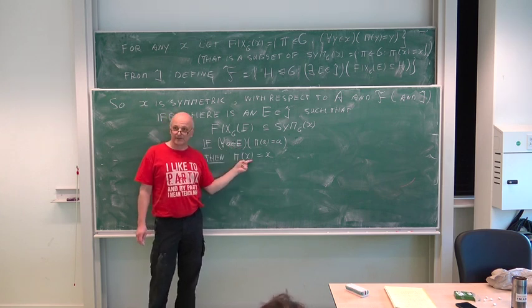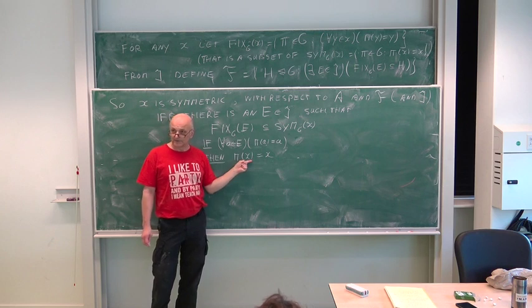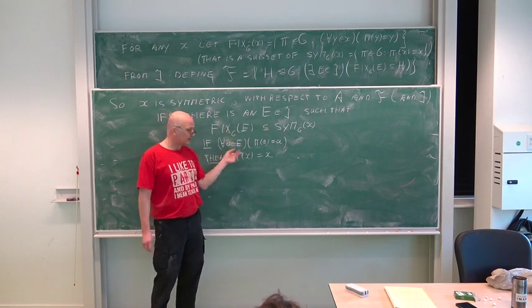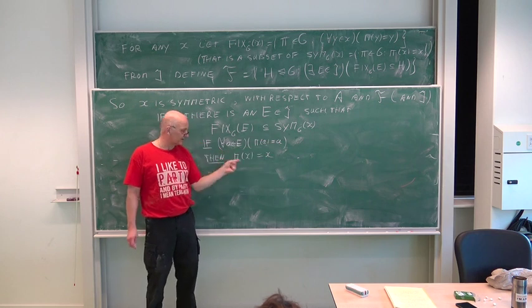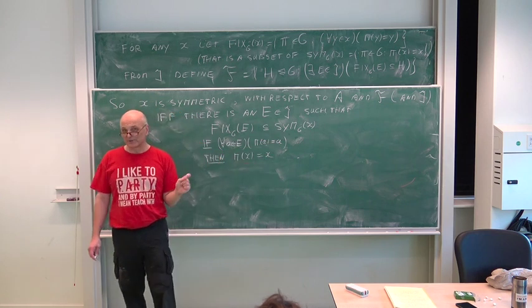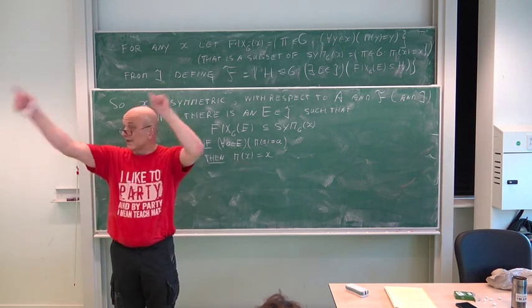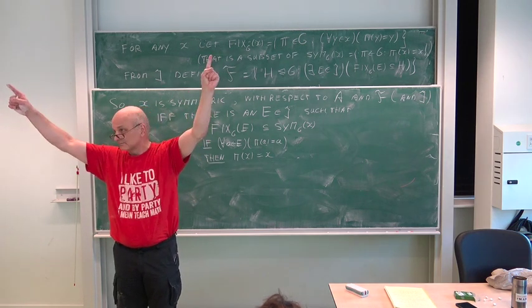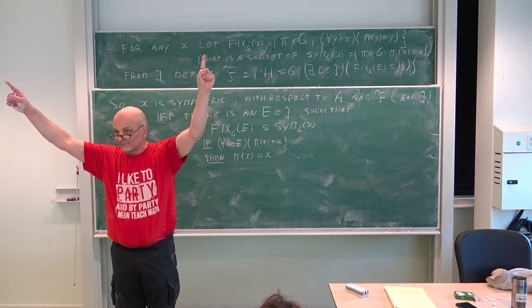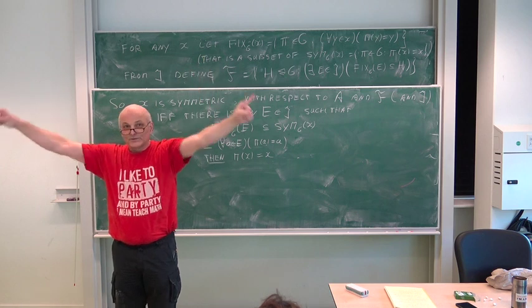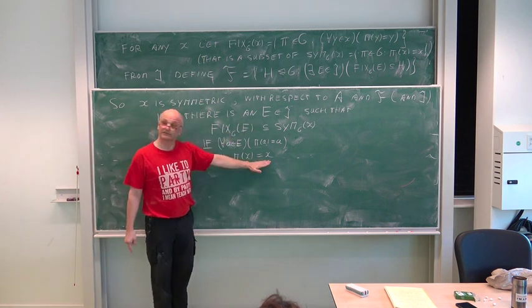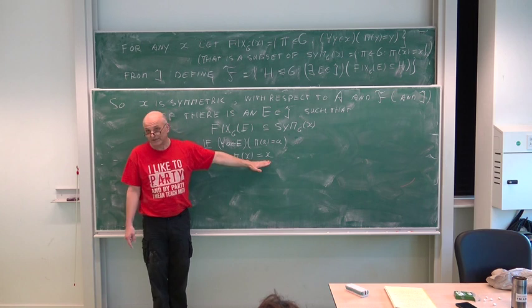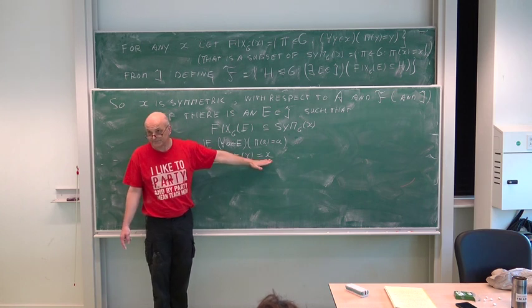If we want to prove something about X, we say, oh, there is a member of the ideal E such that if we know this, then we know that. And what are we going to do? We're going to permute elements outside of E. Those permutations will still keep X in its place.